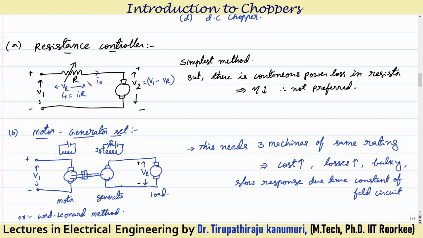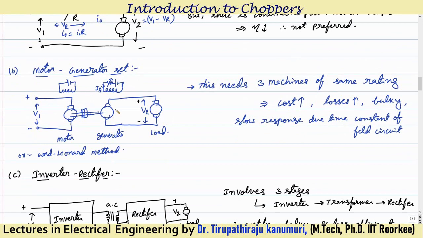It is very simple, but the disadvantage is that as we are involving a resistor here, there will be continuous power loss equal to I0 square into R. As the value of current is very high for the drive, the continuous power loss will be large, so efficiency will be very low. That's why this is not preferred in practice.